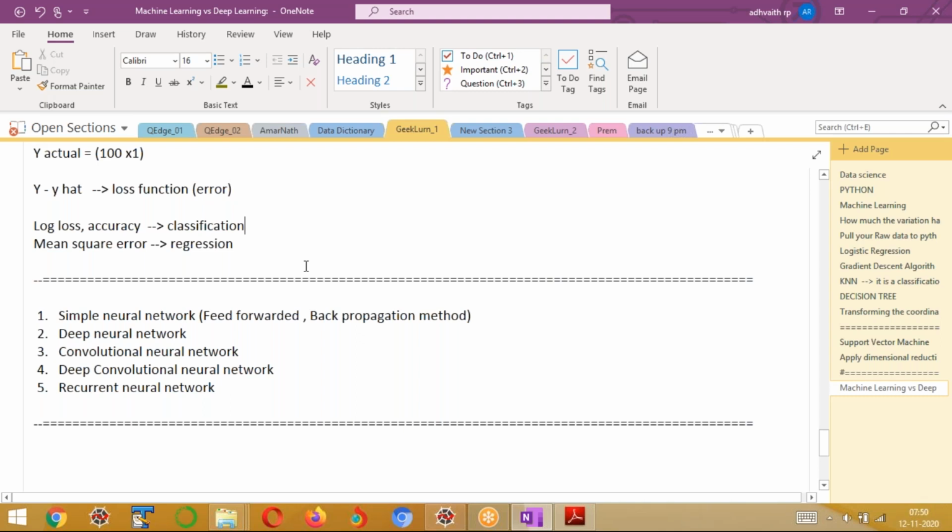This one. On those errors you are applying derivative. If you are using regression or classification, any technique, you are applying this derivative method on the loss function. That's what is going to happen.